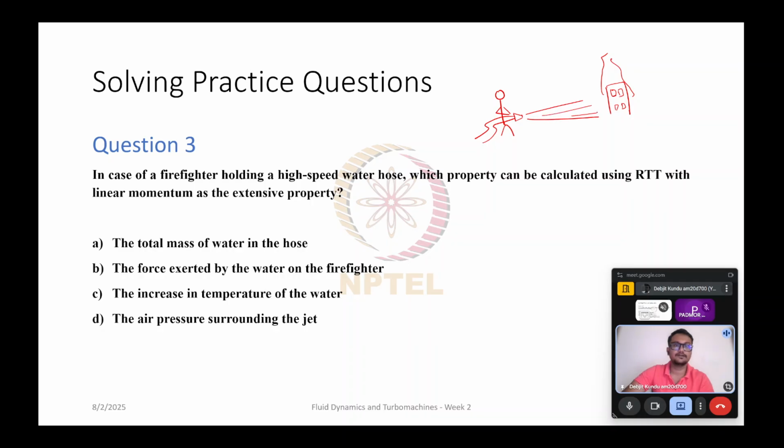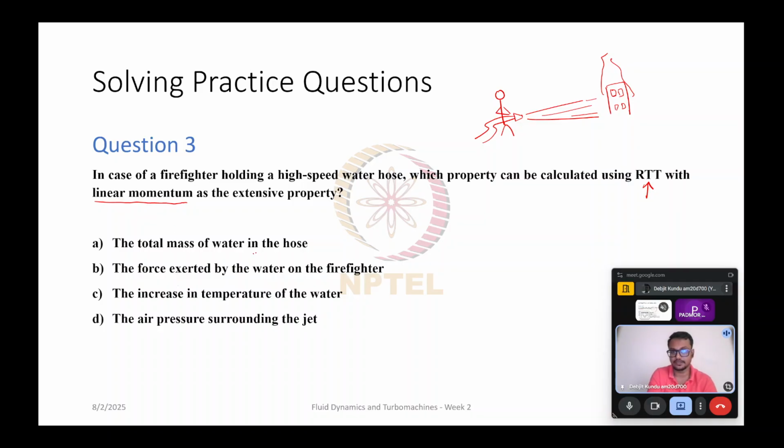And the firefighter is trying to extinguish this fire by directing some high-speed water jet towards that fire. So in this case, if I take linear momentum as my extensive property and plug that into the Reynolds transport theorem, then what quantity will I be able to calculate?